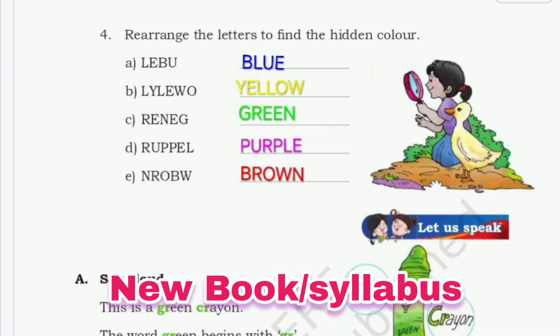C. RENEG. The color is GREEN. D. RUPPEL, PURPLE. NROBW. The hidden color we have found is BROWN. You have to arrange the correct spelling of the colors.